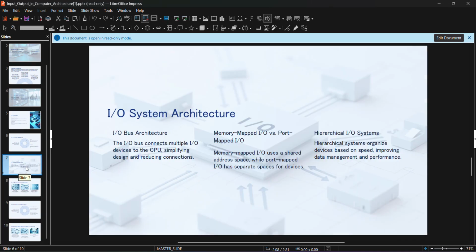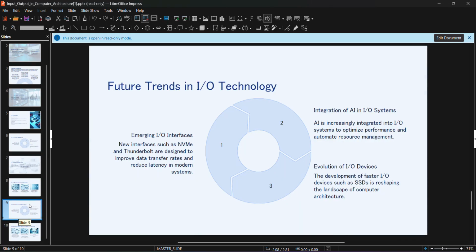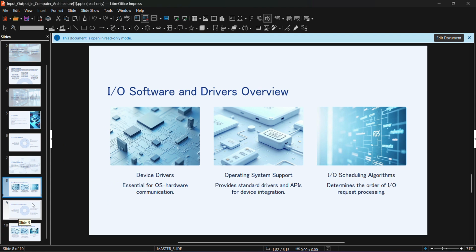Okay, now moving on to input output software and device drivers. For every system, there are device drivers embedded in the system that communicate with input output devices. These device drivers are essential for operating system hardware communication.